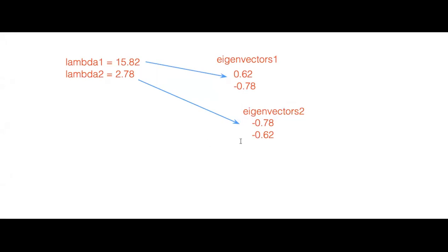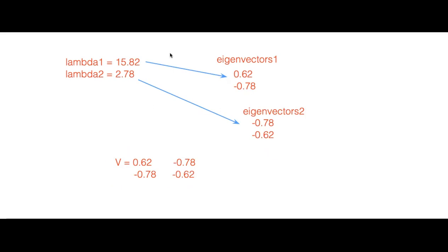Then after that, the capital letter phi will be 0.62, minus 0.78, and 0.78, minus 0.62.